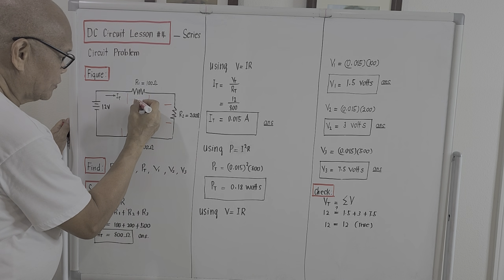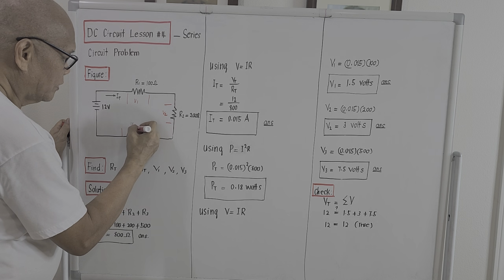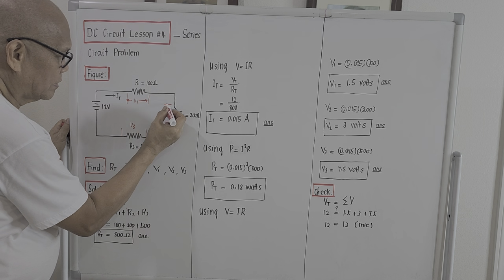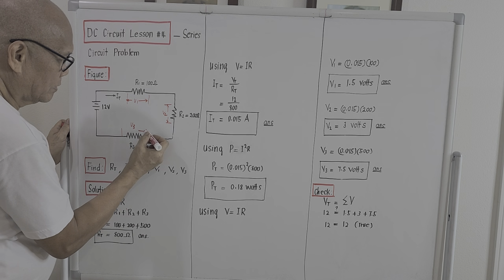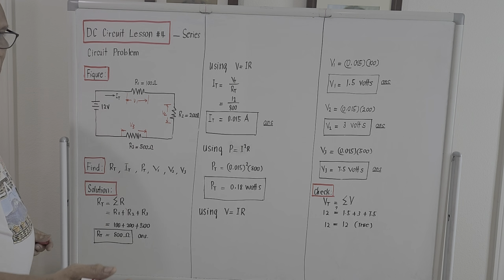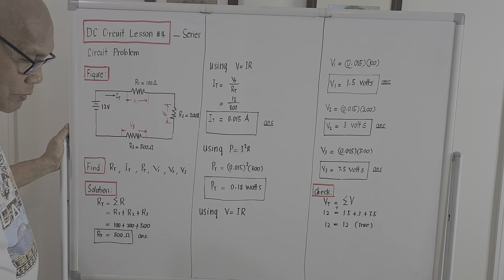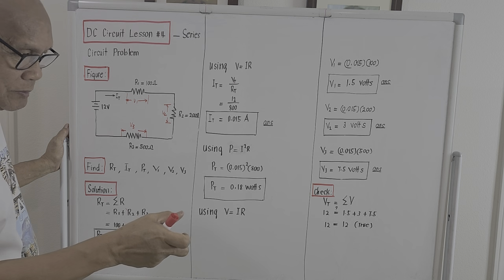This is V1, this is V2, and this is V3. The problem is just simple, right? Let's try to bring out the solution to this one using the concept of a series connection.